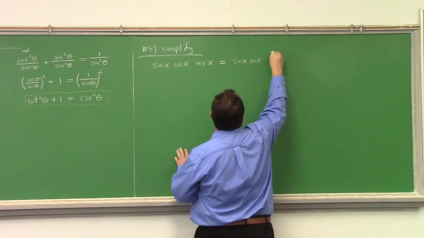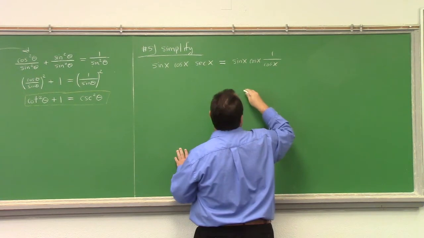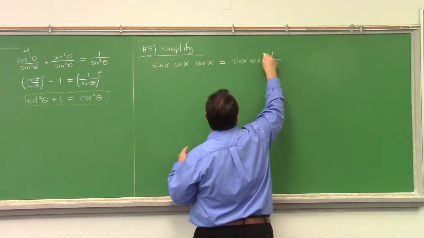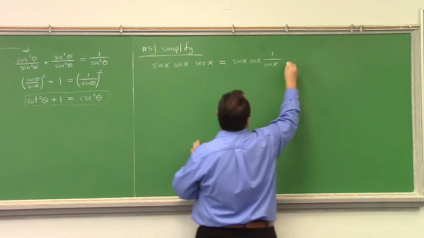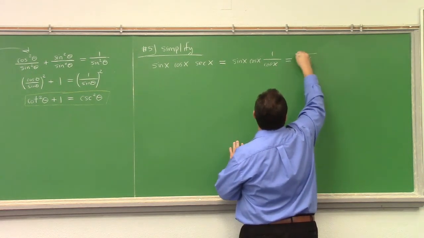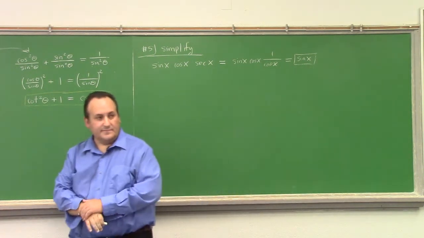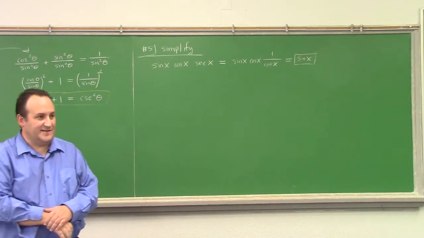So this is 1 over cosine. Okay, so great, they cancel. And what do we got? We've got sine x. There you go. See, it doesn't have to be hard, right?